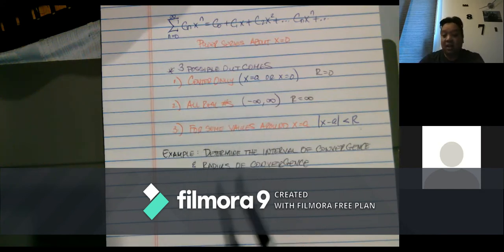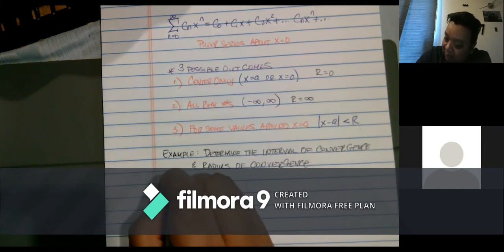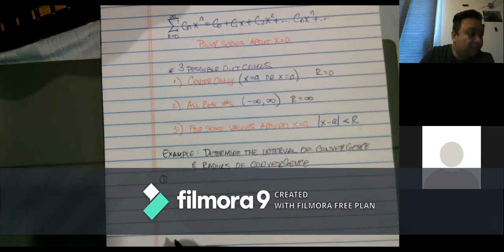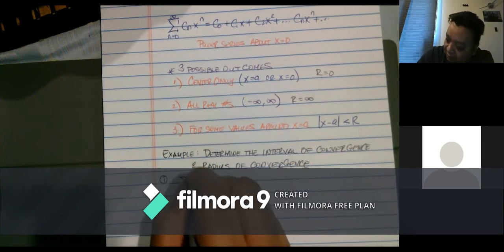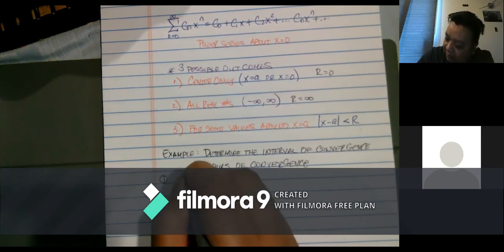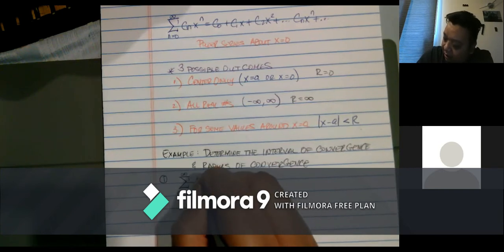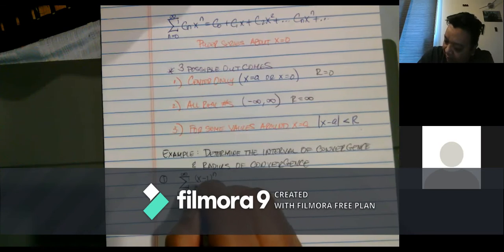And so the first one, example number 1. I have the power series from n equals 0 to infinity of (x minus 1) to the n power, all over n factorial.